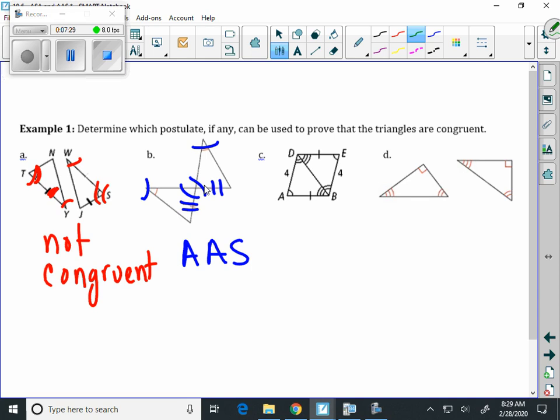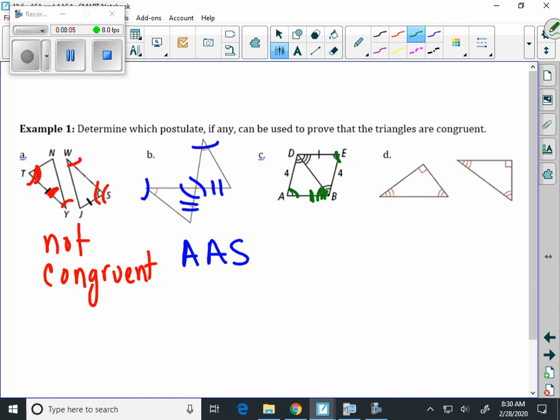Letter C, there's lots of options. This is a shared side triangle, but we can get our answer based on the information that's given to us already. There actually is more than one answer on this one, but if we look specifically here, we've got angle A, and we've got angle DBA, and the included side on this bottom triangle.